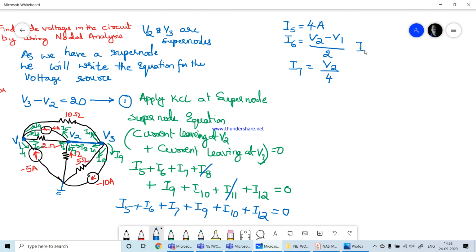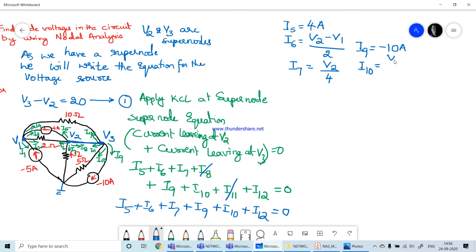Okay. Now coming to I9. What is I9? Minus 10. Yes, I9 is minus 10 only, because the current I9 is in the same direction as the 10 amp current flowing. Therefore, the value is given as minus 10 here. I10 is V3 by 5.